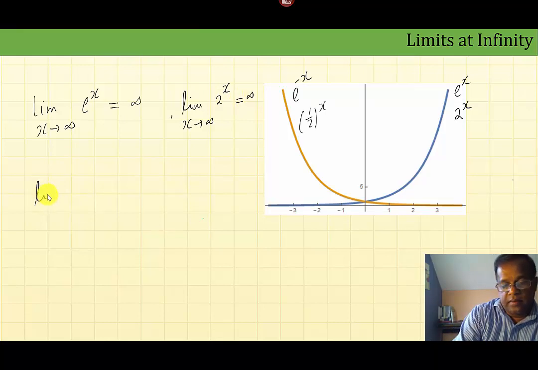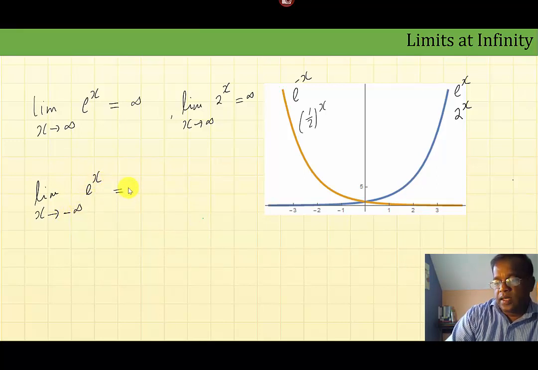And the limit as x goes to negative infinity, e to the x goes to 0. And what about e to the negative x? The limit as x goes to infinity, e to the negative x goes to 0.